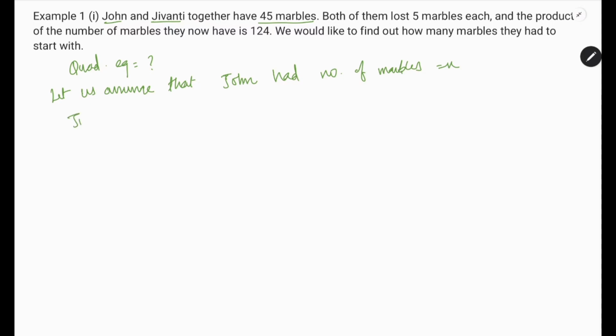So how many will Jivanti have? If John and Jivanti had 45 marbles in total, and John had x, Jivanti will have 45 minus x, right? So Jivanti had 45 minus x marbles.